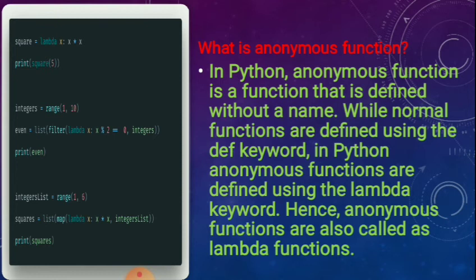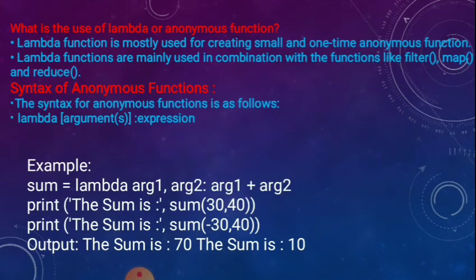Okay, now we see what is the use of lambda or anonymous function. A lambda function is mostly used for creating small, one-time anonymous functions. Just now I said that we are going to use anonymous functions directly within our code, so this is used for small, one-time access.